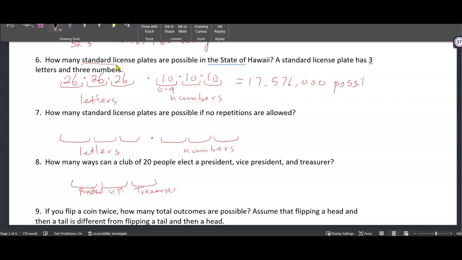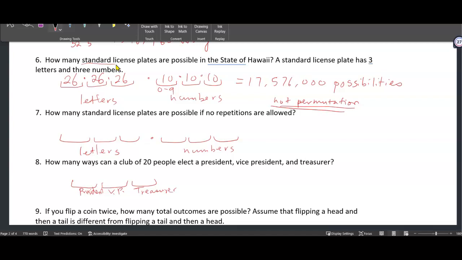And because the choices can be repeated, it is not possible to see this as a permutation, since not repeating the choices is required for a permutation. So this one's definitely not a permutation.